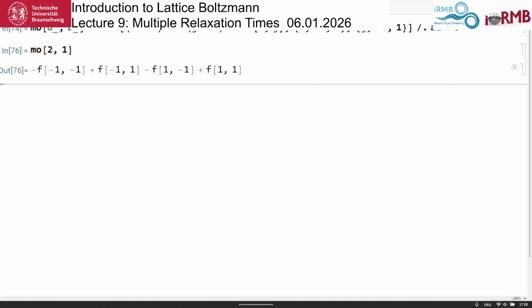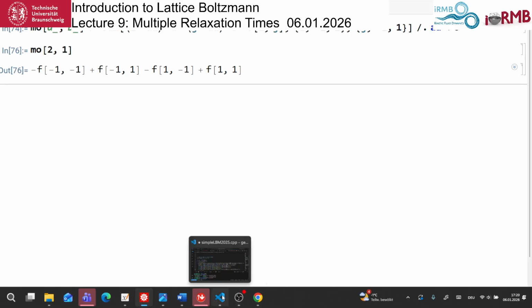So 2, 1 has everything that has a minus, okay, it has only the 4 in the diagonal, and it has everything that has a minus in the second with a minus, and the others with a plus. Yeah.